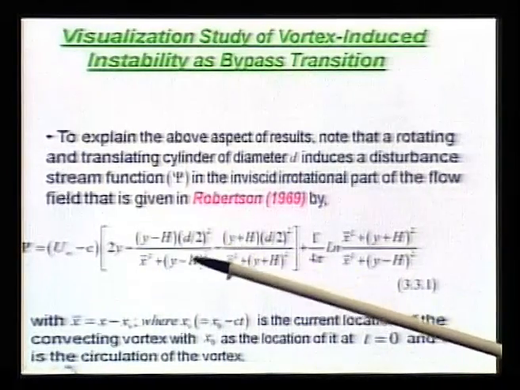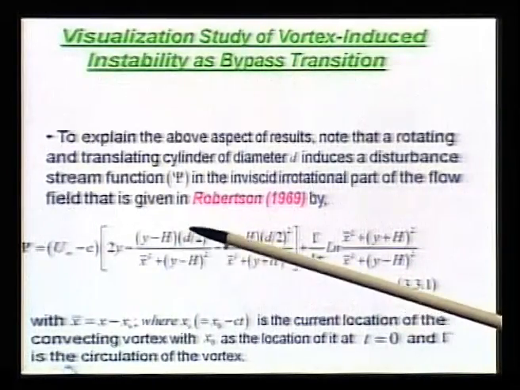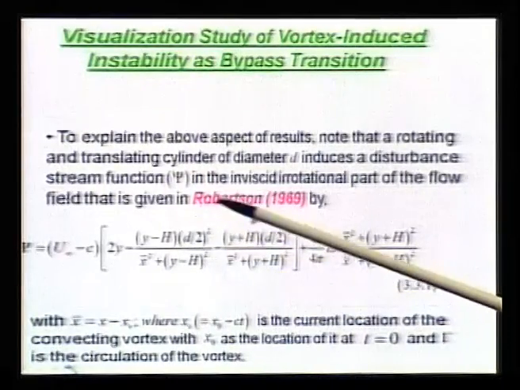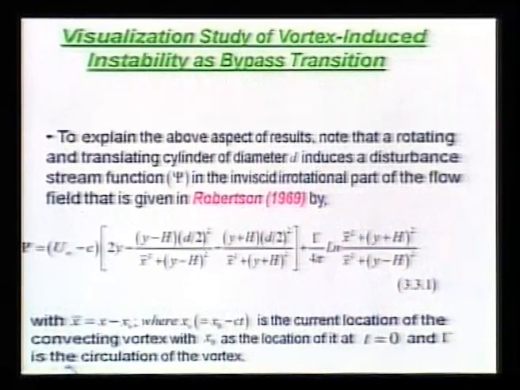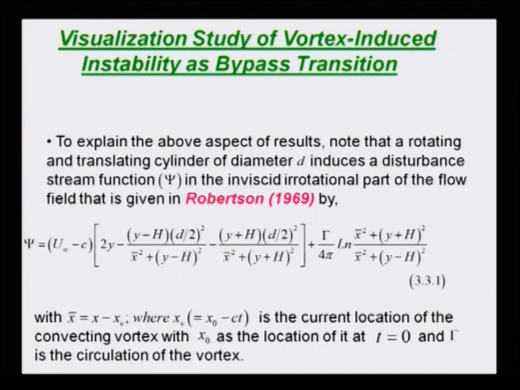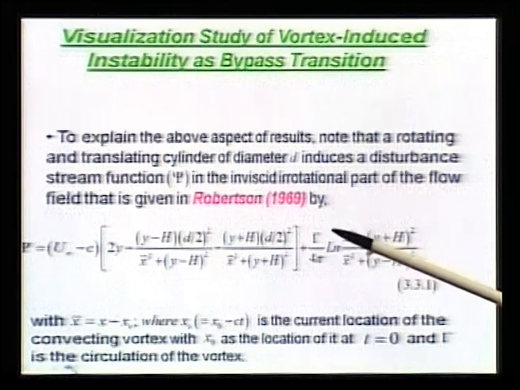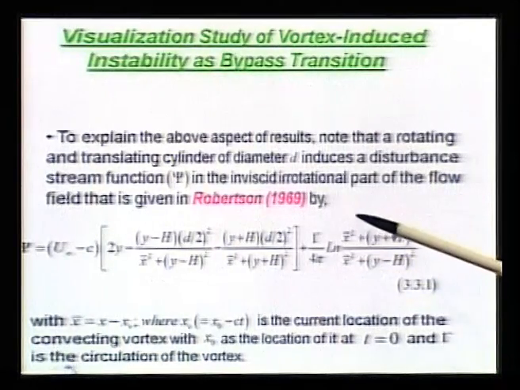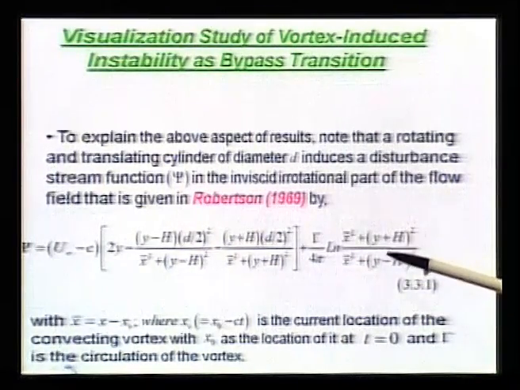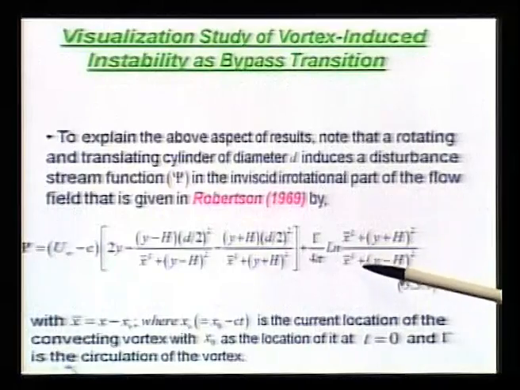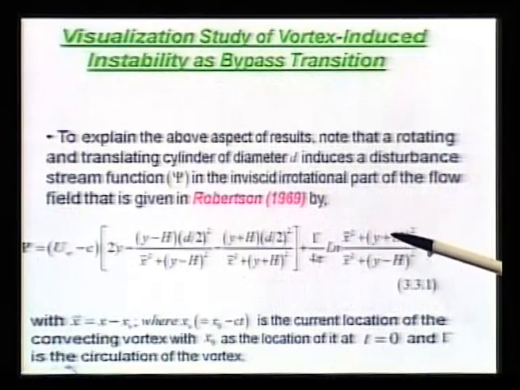So, this is due to the actual doublet, and this is its reflection. The same way, you have a vortex captive with the cylinder that creates this circulatory effect, and you can see again the numerator and denominator respectively give you the image and the original.